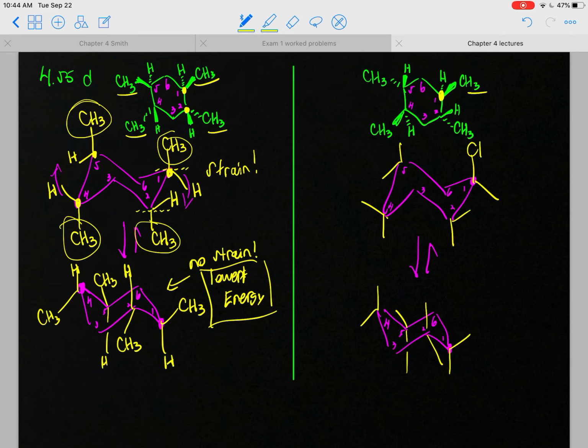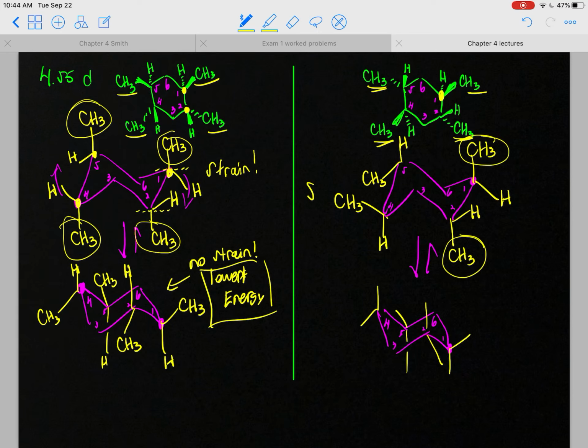So on this top conformation, let's look. We've got a methyl group pointing up, so that's up in this drawing. We have a methyl group pointing down, that's down in this drawing. We have a methyl group pointing up, that's up on this carbon. And we have a methyl group down, that would be here in this drawing.